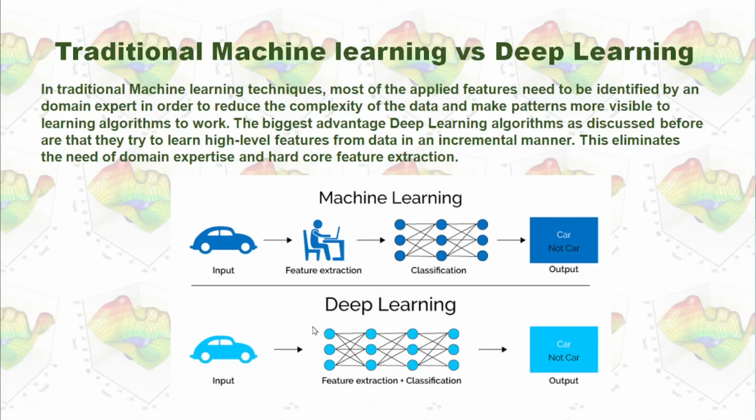But when we use deep learning, our model will extract features and perform classification by itself. There is no human intervention during this process. So, our model in deep learning is behaving more intelligently, just like a human.